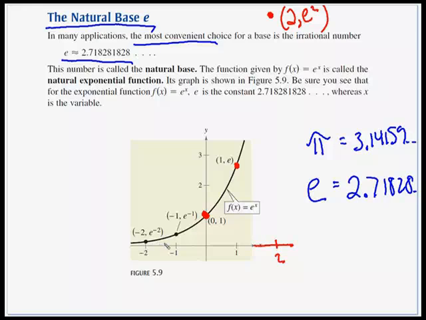Working on the negative x values, we plug in x is negative 1, e to the negative first power, or some might prefer to write that as negative 1 comma 1 over e. Our next value on the negative side is negative 2 comma e to the negative 2, or again, some people might like to get rid of that negative exponent and write that as 1 over e squared. So that is our natural exponential function.